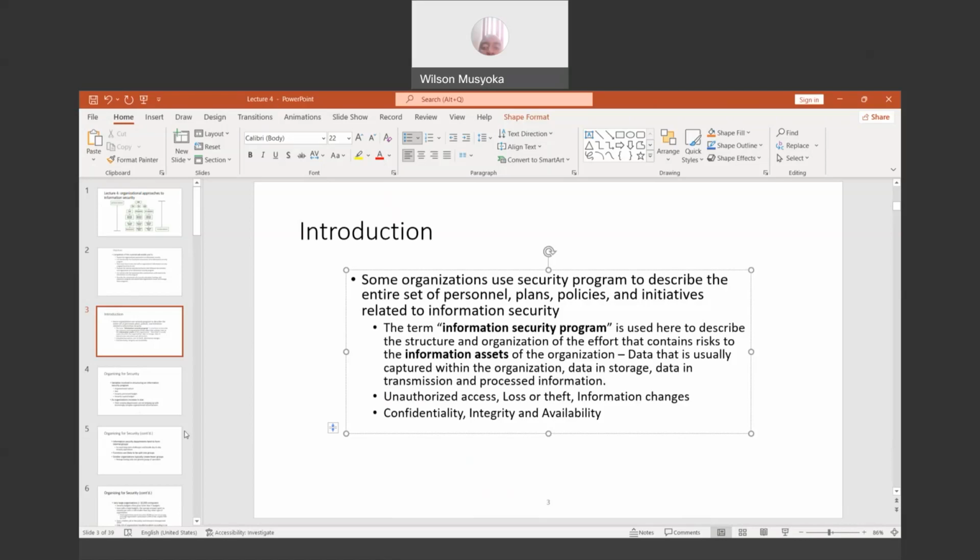So when we are talking about unauthorized access, what exactly do we mean?